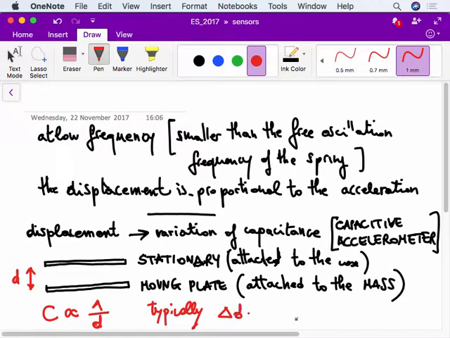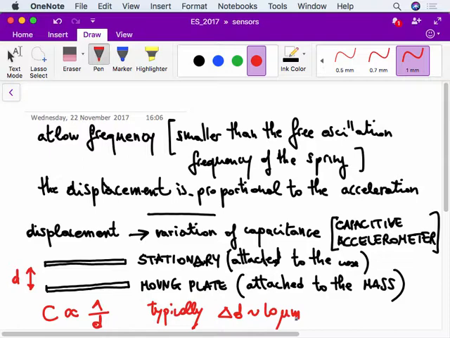Delta d is something like, let's say, 10 micrometers. So we need a very small movement, but indeed also the distance is small. So a small variation means a relative variation of the distance which is not insignificant, and therefore a significant variation of the capacitance.